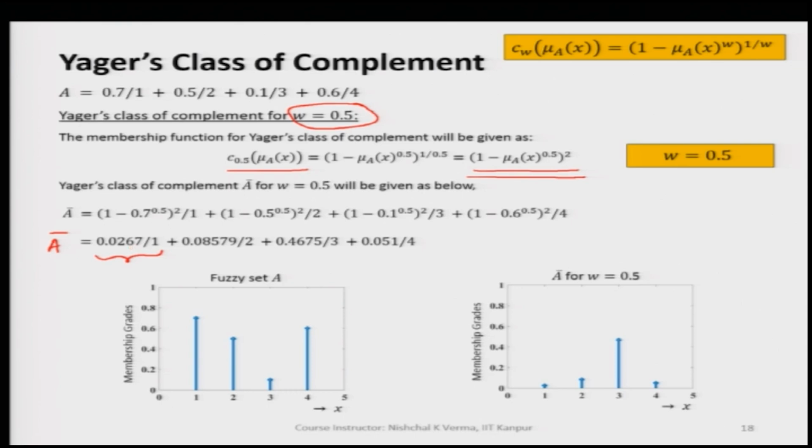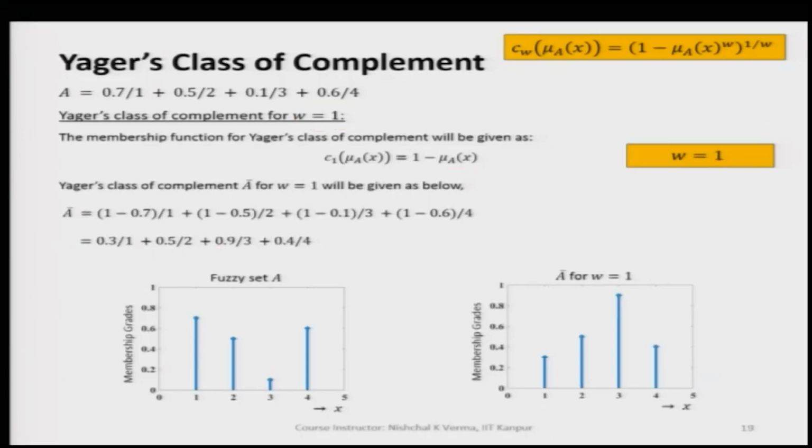Similarly, the other corresponding membership values for W equal to 0.5 we get here, and then when we plot, we see that the complement of A for W equal to 0.5 looks like this. Next, we take up W equal to 1.